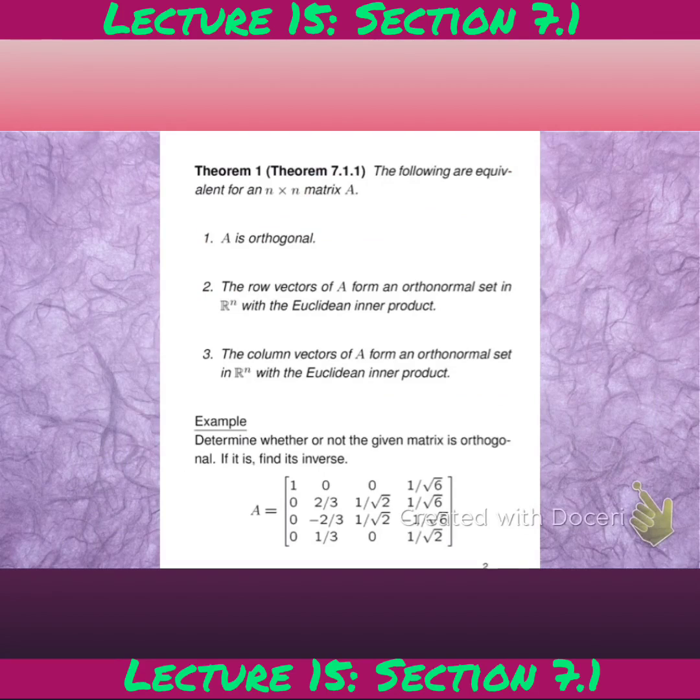Right, this brings us to theorem 7.1.1. We say the following statements are equivalent for an n by n matrix. So this theorem tells us when a matrix is orthogonal.